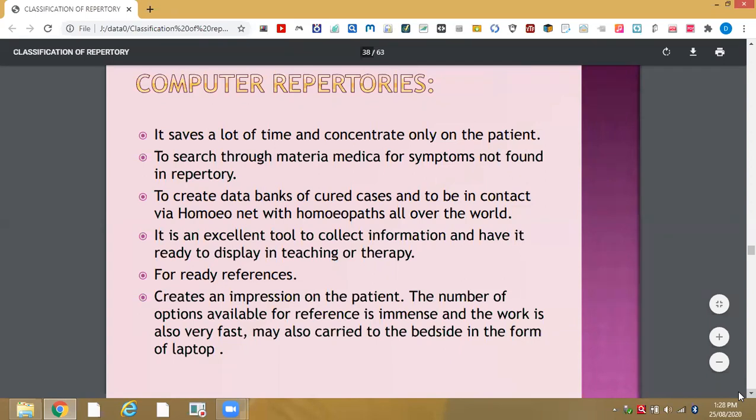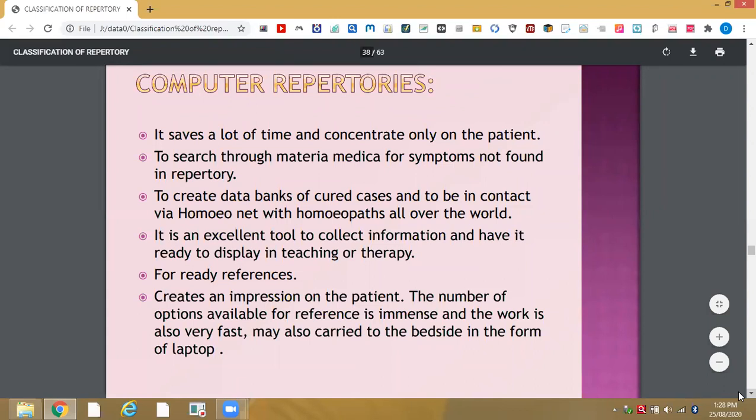In different computer repertories, different numbers of materia medicas are included. So we can refer to these materia medicas easily when we cannot find the symptom in the repertory.